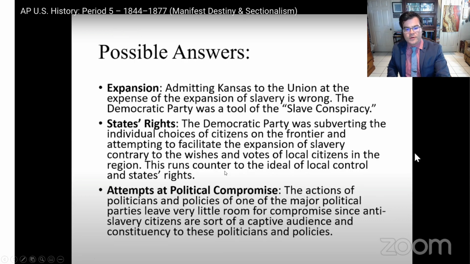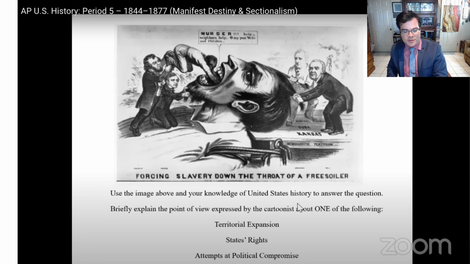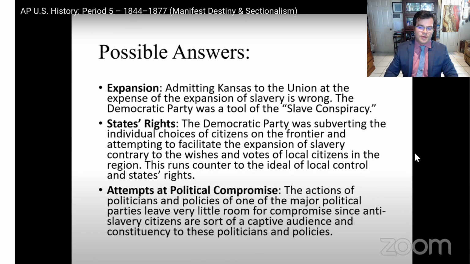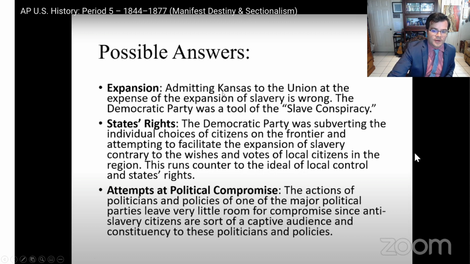So in terms of territorial expansion or states' rights or political compromise, you just have to support the argument of an anti-slavery free soiler during this time, right? And so these would be the perspectives of an anti-slavery free soiler in the issue of expansionism or states' rights or political compromise.